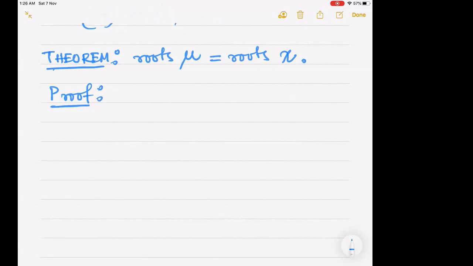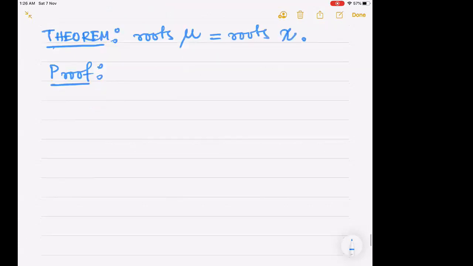Let us see which direction we should prove first. Should we prove the easy direction first? Let's prove the easy direction first. So we would like to prove that roots of mu contain roots of chi.